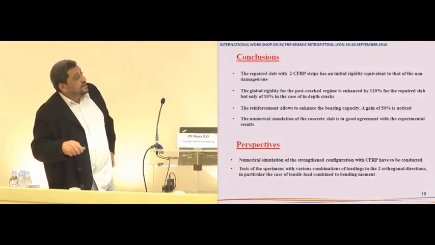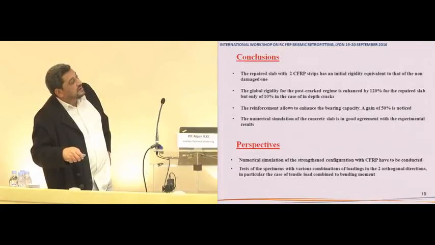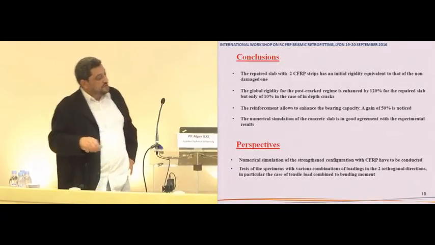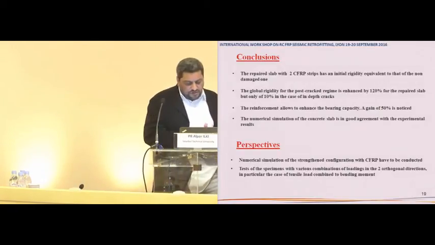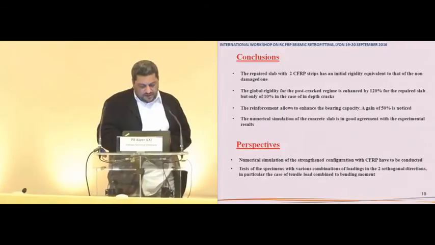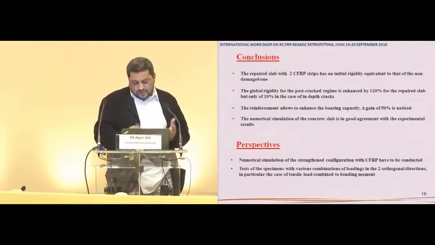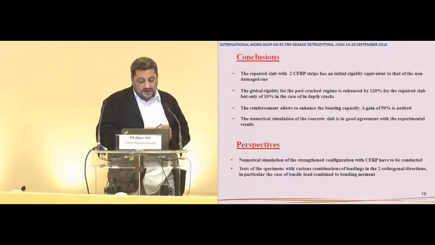Conclusions: the repaired slab with the 2 carbon layers. We have studied the repaired configuration and the unrepaired configuration. The objective is to estimate global rigidity for the post-cracked regime.